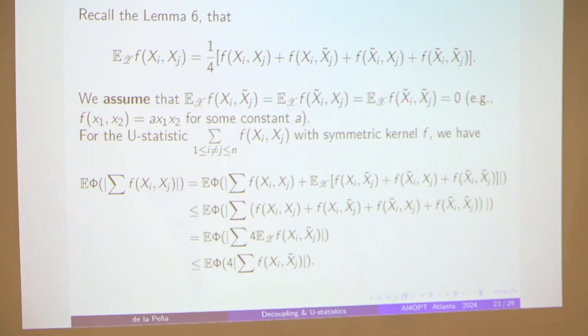But Verschynin does it for quadratic forms only. Anyways, if you have this condition, which in the quadratic form case means that the x sub i's have mean 0, then I will give you the proof of the decoupling inequality.